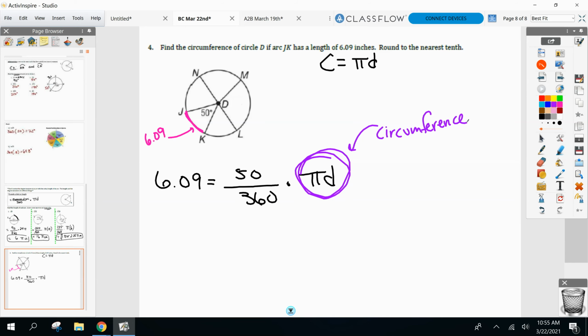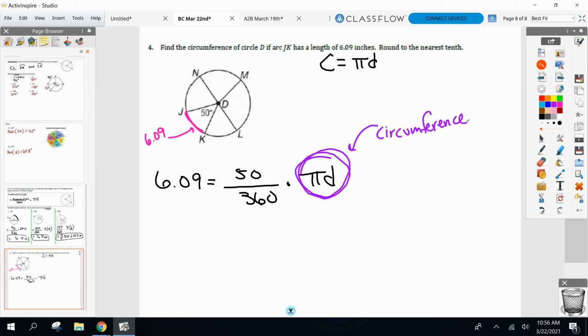Oh, multiply by the reciprocal, huh? I like it. That's one way. Now, Sophia, you have a way? I just divided 6.09 by 50 over 360. Sophia's like, you know what? I got this calculator that's got a fraction template on it. So I can do 6.09 divided by another fraction template, 50 over 360.